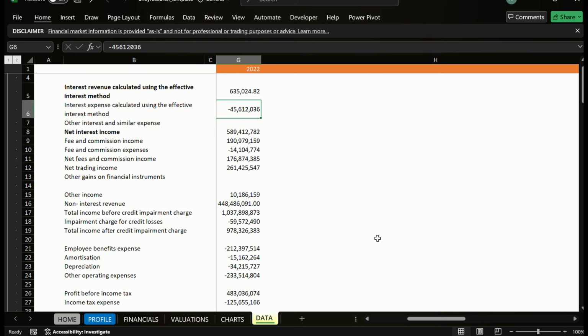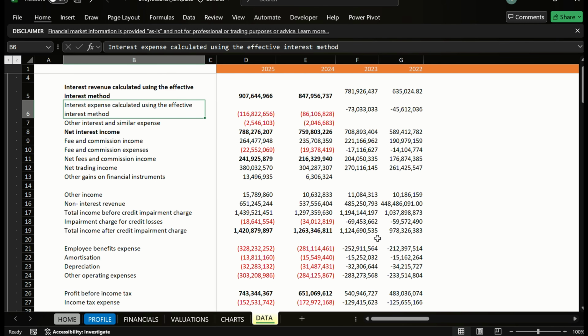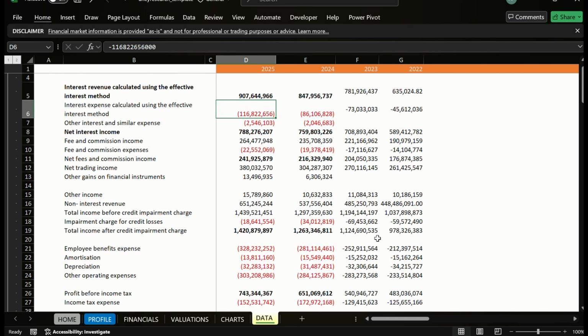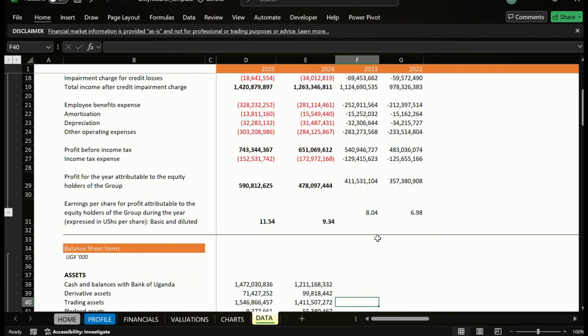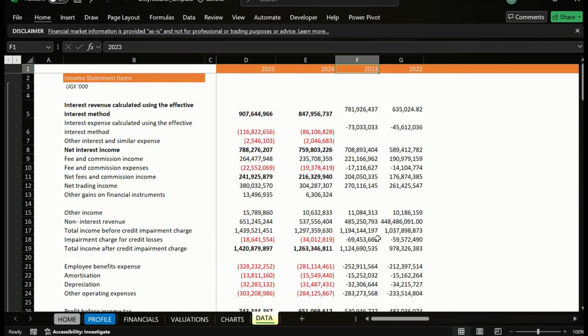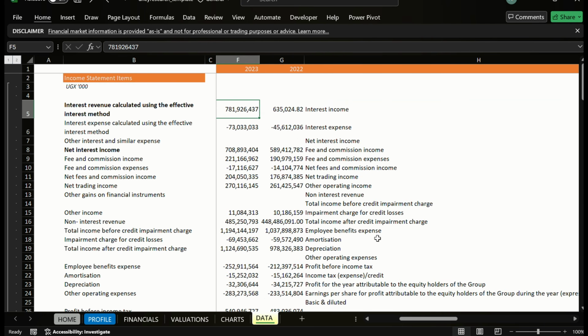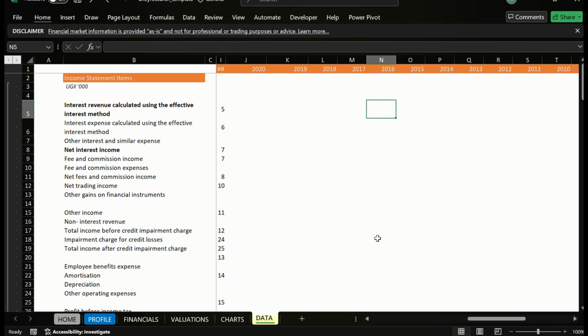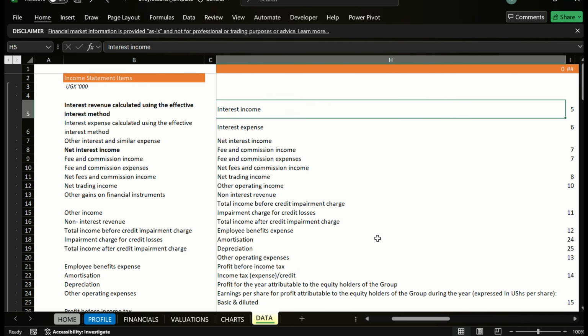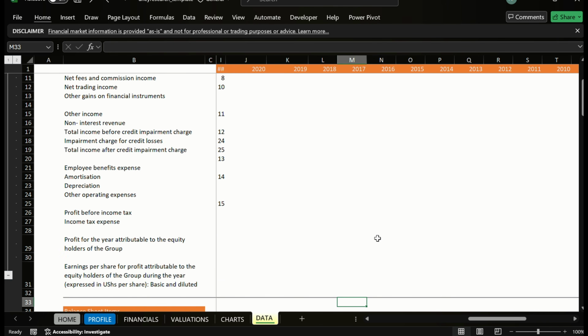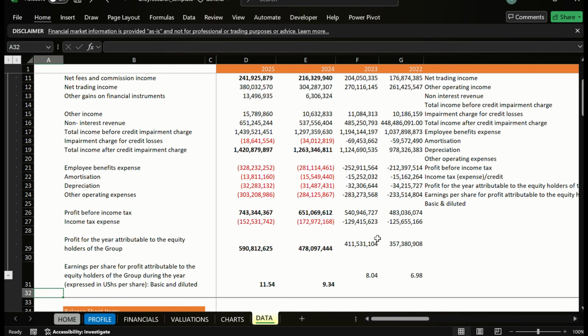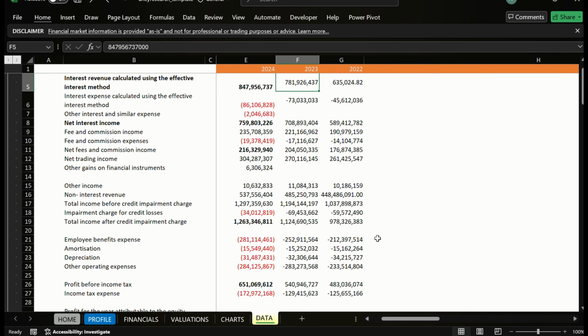I lost the count. Yeah, there's a mistake I've made here, but you can see. So I carry the financial statements, carry this data all the way from here to the income statement, and imagine how long that will take.